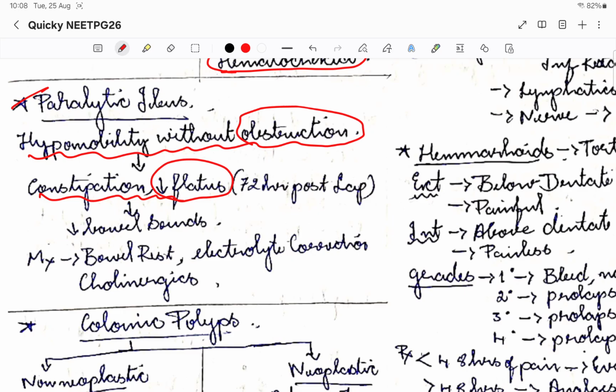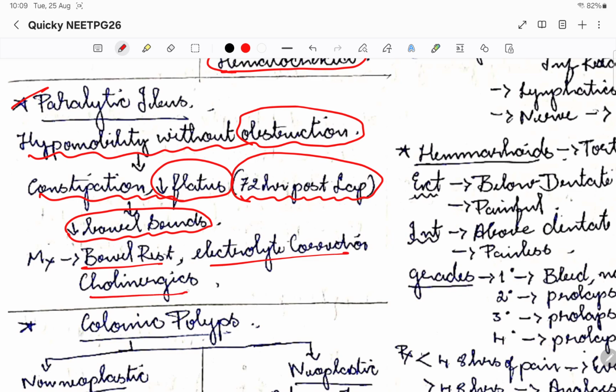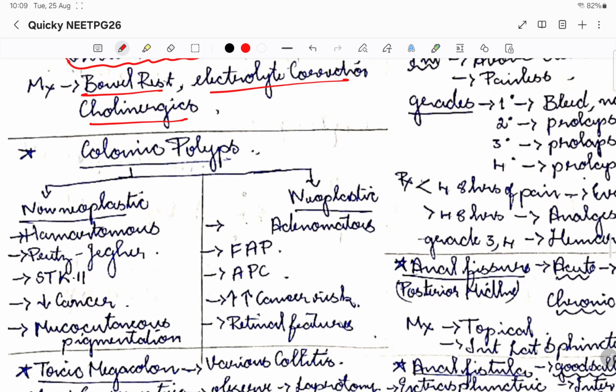This happens post-operatively, okay, after laparotomy, okay. So there will be reduced bowel sounds, okay. So the management will be bowel rest, electrolyte correction, and cholinergics can be given to let out the stored stool that is there, okay. So that is paralytic ileus, okay.